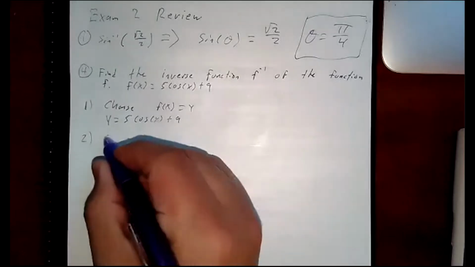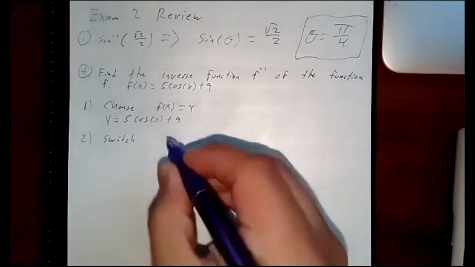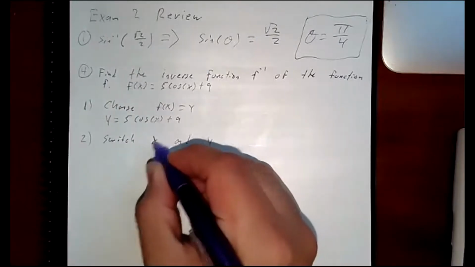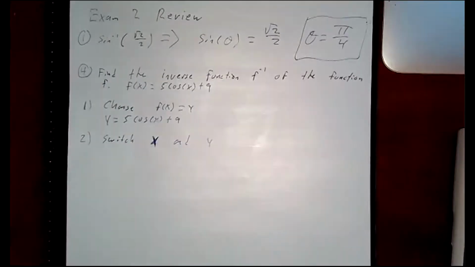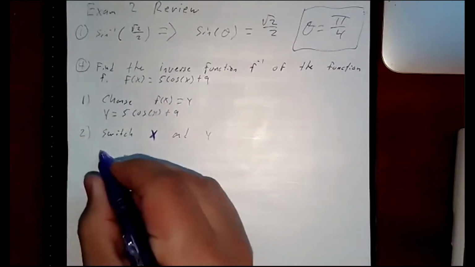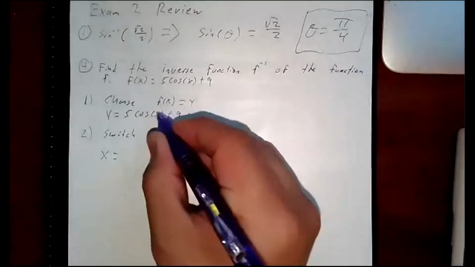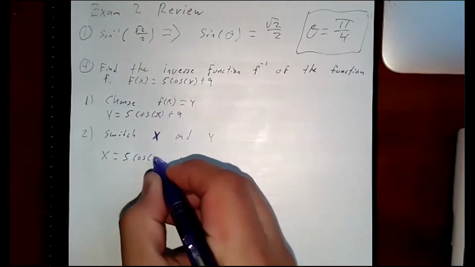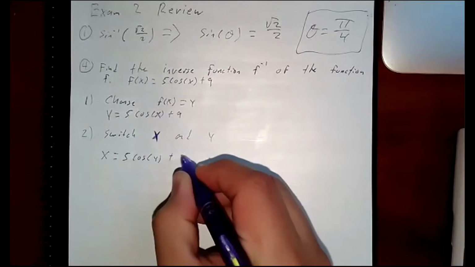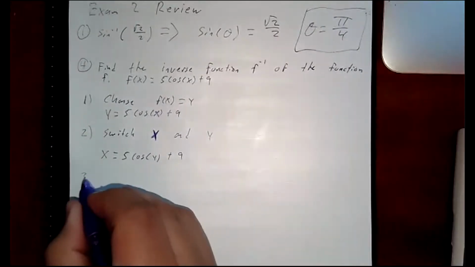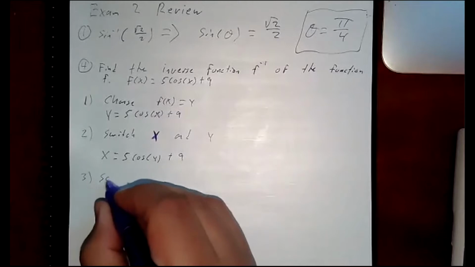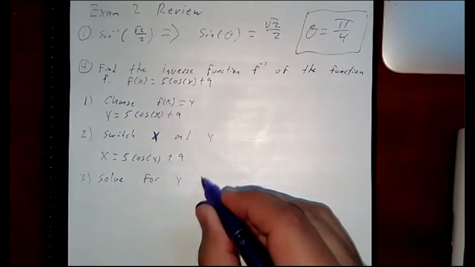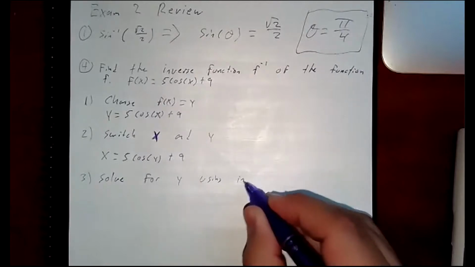We said switch x and y. Okay, there we go. x equals 5 cosine y plus 9. Step 3, solve for y using inverse functions, right?